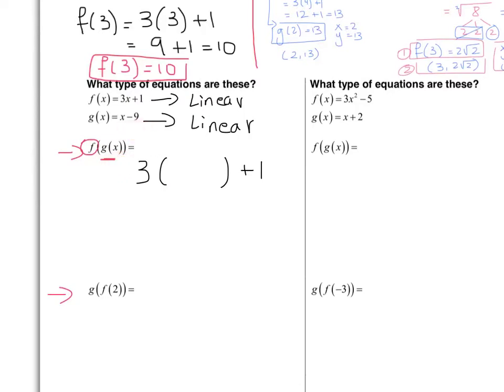What is g of x? It's x minus 9. You see that? So what it means is that you have to plug in g of x into f. So g of x, whatever g of x is, should go in the x of f. So this would be a good way of writing it, and then you distribute. So the final answer would be 3x minus 26.